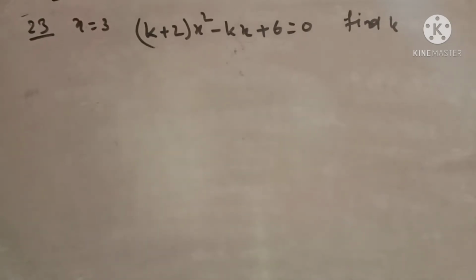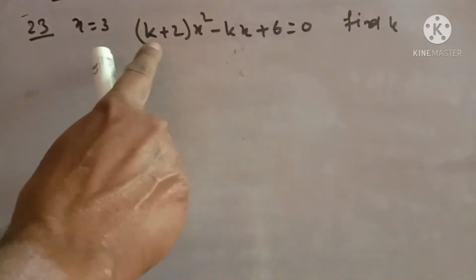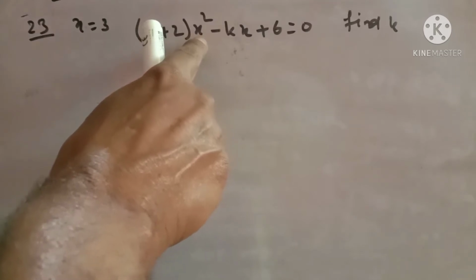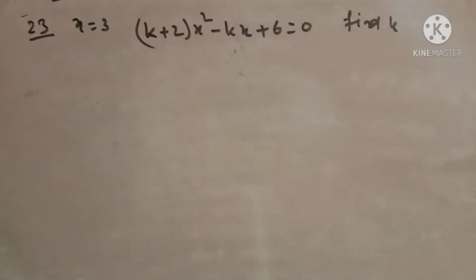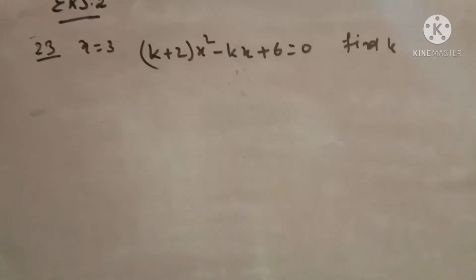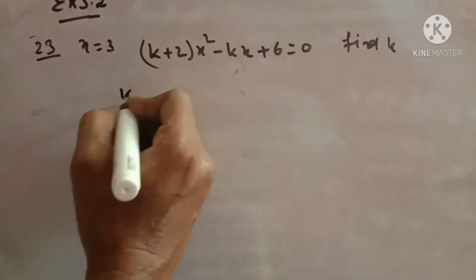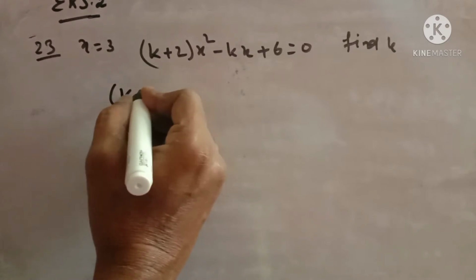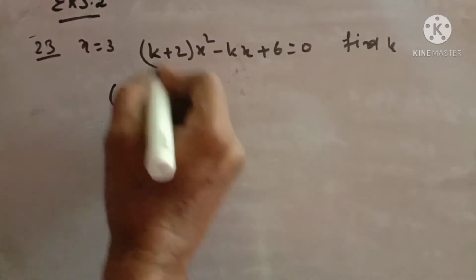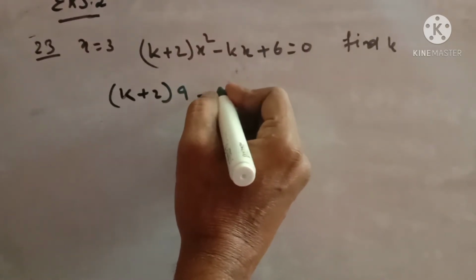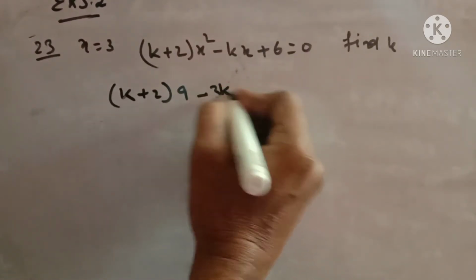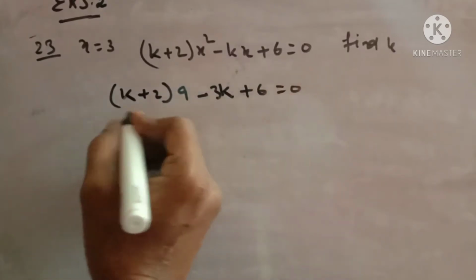Yes, question number 23. It is given x equal to 3 is a root of k plus 2 within bracket x square minus kx plus 6 equal to 0. Find k and hence find the other root of the equation. First of all, we have to find out the value of k. So I can write k plus 2, and this is what? 3 3s are 9, minus k 3k plus 6 equal to 0.